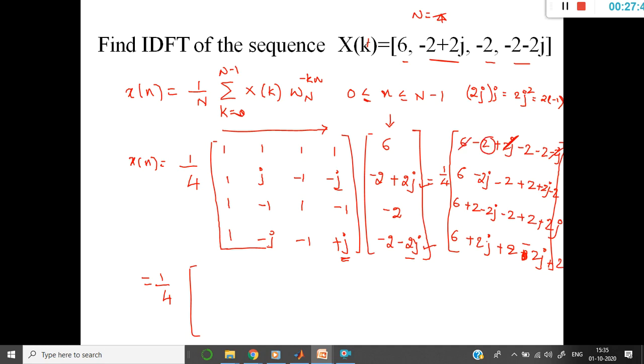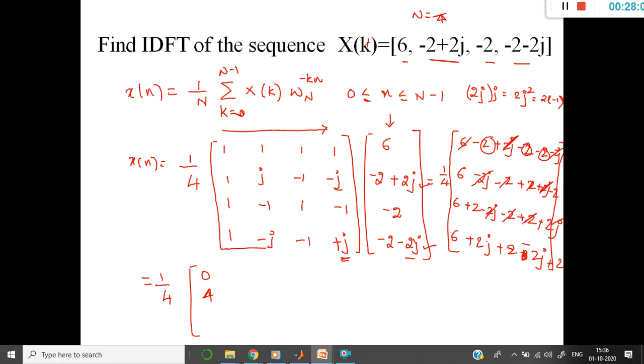That is going to be cancelled with plus 6. So therefore the first value will be 0. And again minus 2j plus 2j is going to be cancelled out. Minus 2 and plus 2 is going to be cancelled out. 6 minus 2 is left out. So that is again 4. Then here minus 2j plus 2j get cancelled.